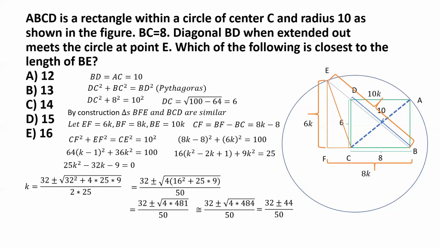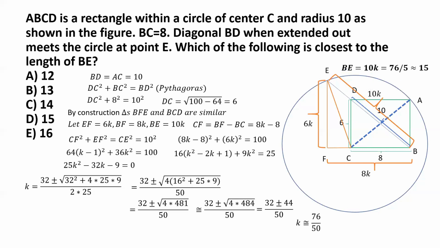Of course, here we ignore the negative root, so we just take the positive root, and K approximately comes to 76 divided by 50. And then we know that the length BE that we are asked to find out is simply 10 times K, right?